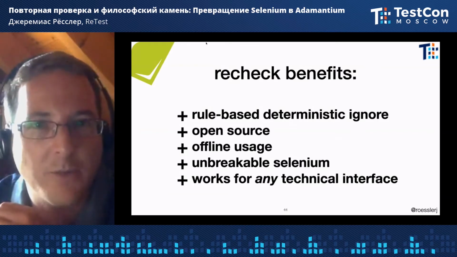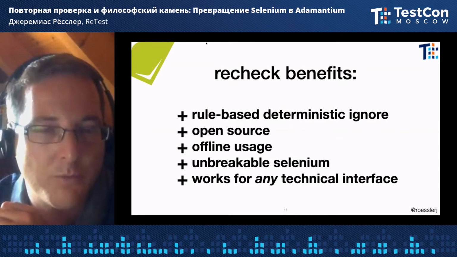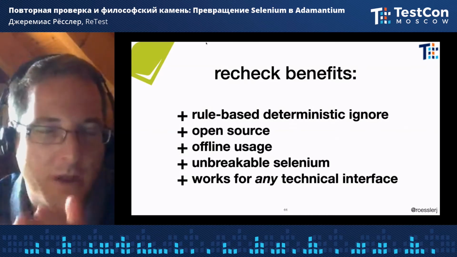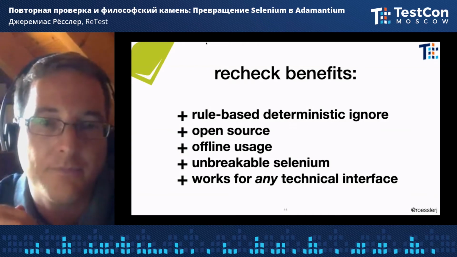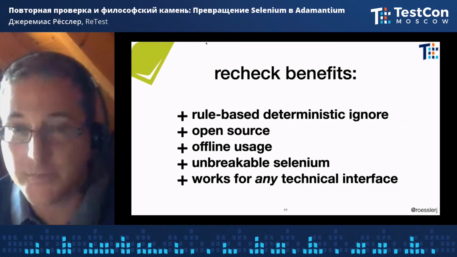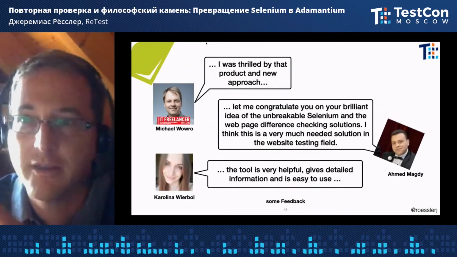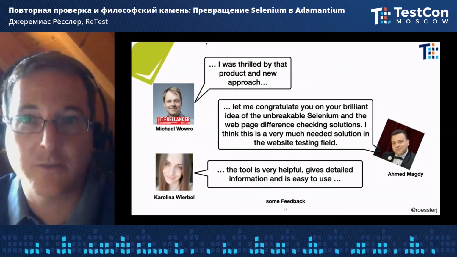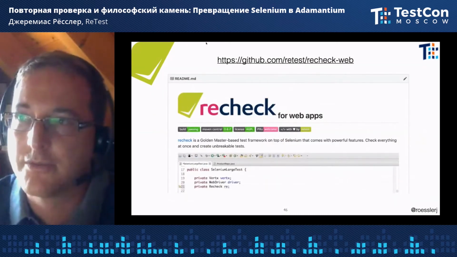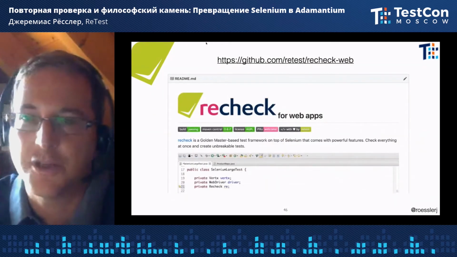And in principle, it works for any technical interface. So both XML and JSON, we have proofs of concept for that, and as you saw, the web. People that have tried it so far very much like it. So I would encourage you to try it as well. And it's on GitHub. You can find it under GitHub, retest, recheck web.